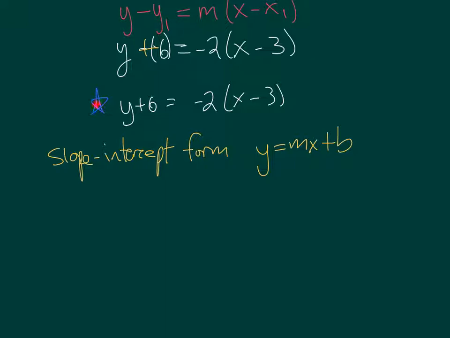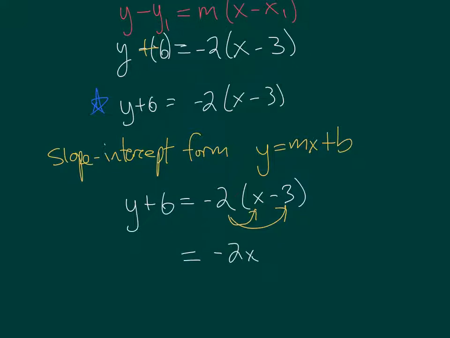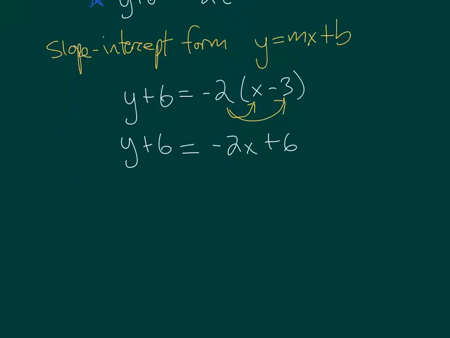So, coming from here, we've got y plus 6 equals negative 2 times x minus 3. Let's distribute here and here, which just gets you negative 2x, and then negative 2 times negative 3 makes a positive 6. Bring everything else down, and let's simplify. Let's get y by itself on one side.